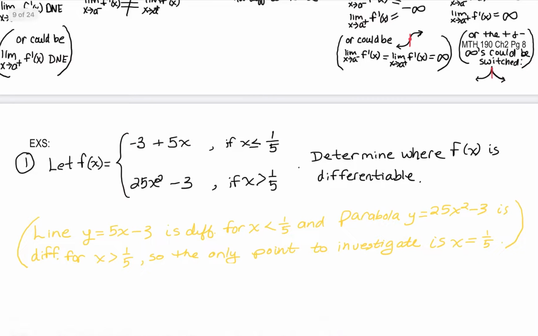So I would say the first thing you would at least think about doing for yourself would be to determine and test whether or not the function is continuous at x equals 1/5. Because if it's not continuous, so I'm even going to write that here, then that is going to imply that it would be not differentiable.